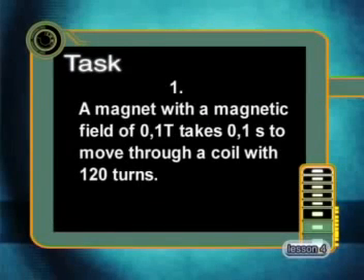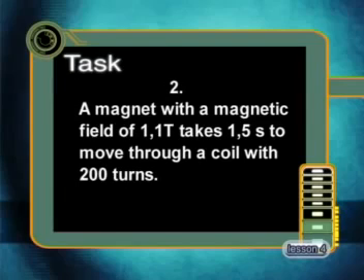I want you to use the equation to solve the problem in your task for today. Here are two different situations. A magnet with a magnetic field of 0,1 Tesla takes 0,1 seconds to move through a coil with 120 turns.